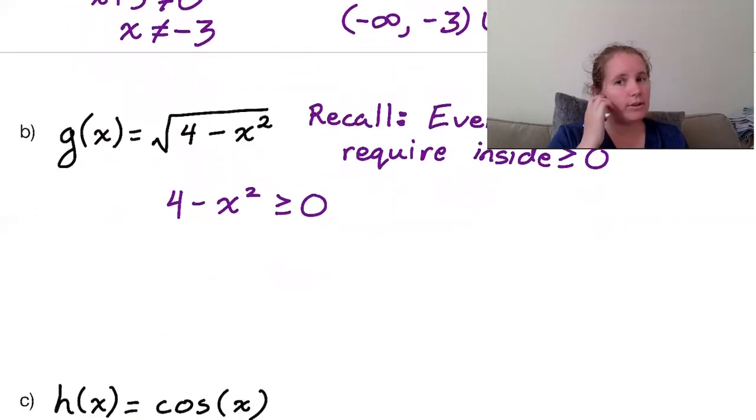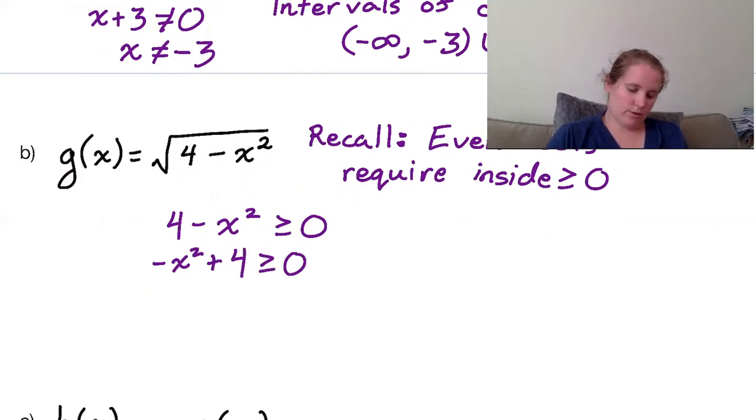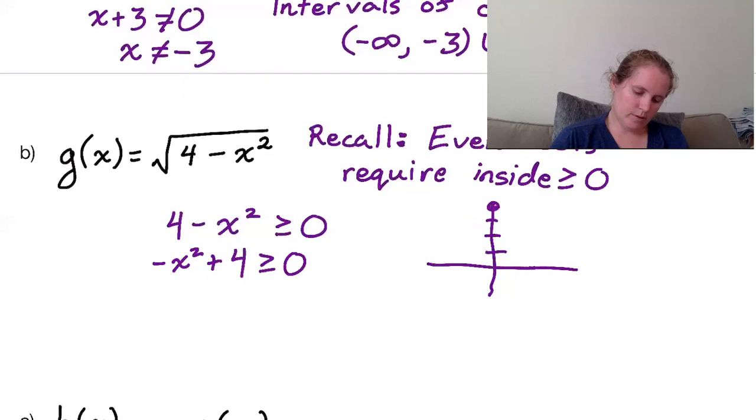There are various ways we can figure this out. You could graph it, you can factor it and study what the function looks like. In this case, if we are looking at the function negative x squared plus 4, we're looking for where that is greater than or equal to 0. So if we graphed that, now we have a y-intercept of 4, and then negative x squared plus 4 equals 0, at -2 and +2.